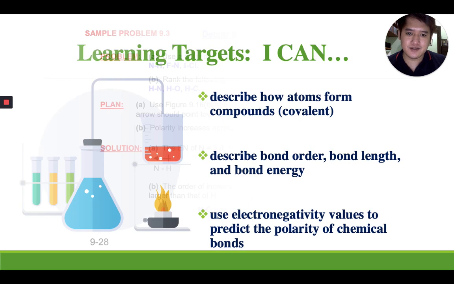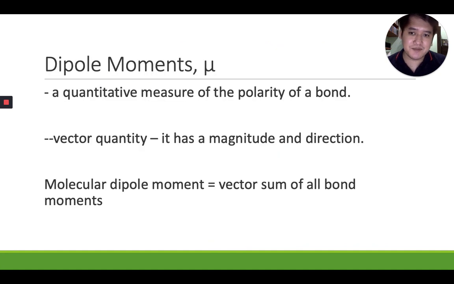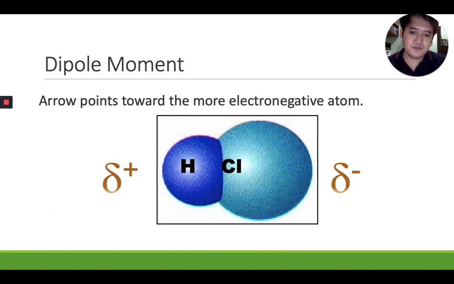That ends our learning targets for this morning. Now, why is bond polarity important? Because this is a springboard to the next topics, molecular geometry and molecular polarity.